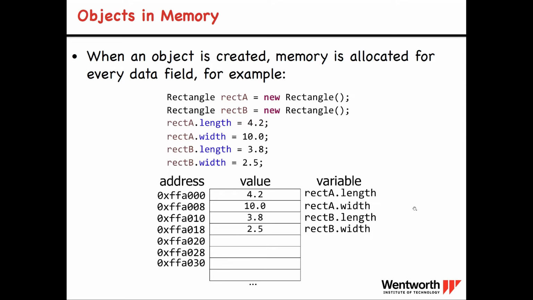So I want you to keep this in the back of your head. You're not going to have to worry about where the address of these things are. But when you create a new anything, you are allocating memory. So for objects, that's going to be all of their data. And the data can be many, many things.